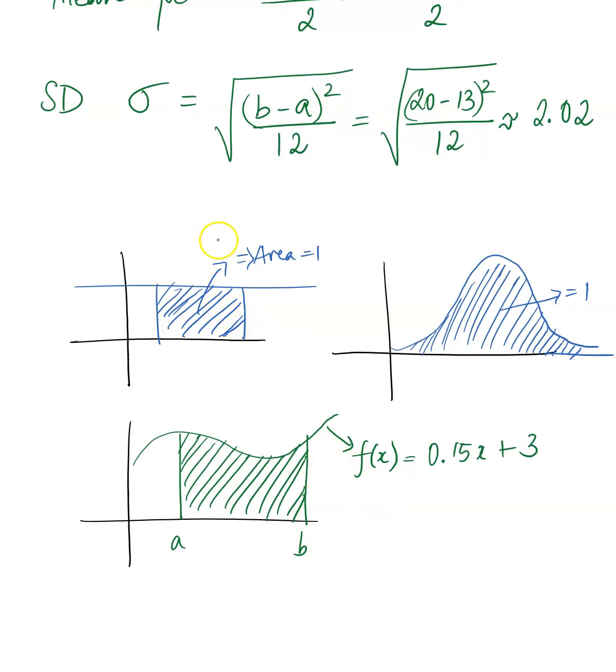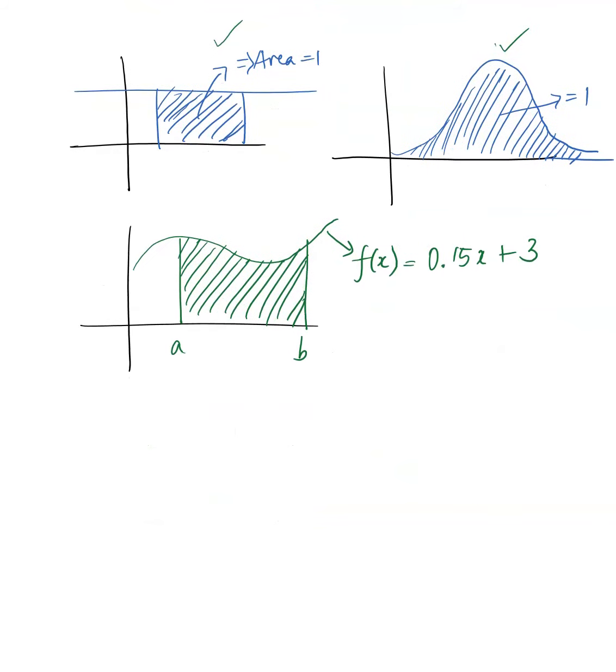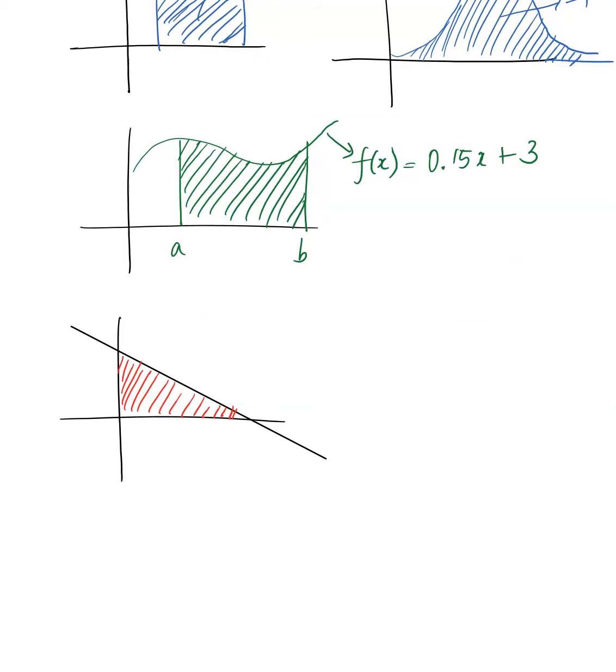We will only restrict ourselves to the uniform and the bell-shaped graph. But just a gist for you to know that these are not the only shapes you can expect. That's all I'm trying to show here. So you can have, say, a line like this, and then it could be the area under the curve, which is fine because you now have a nice triangle. I keep saying rectangle.